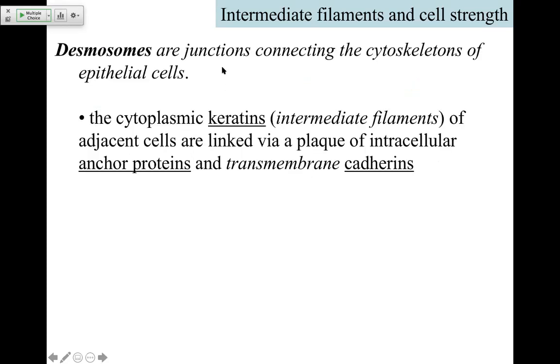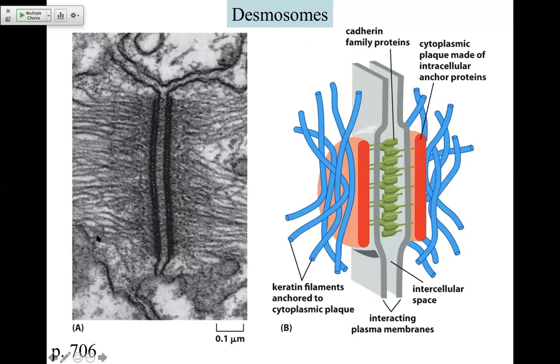So the desmosome is a junction, a collection of proteins that allow the cytoskeleton of one cell to be connected to the cytoskeleton of a neighboring cell so that all of those epithelial cells can interact with each other. So if we're talking about epithelial cells, we're talking about keratins. We can see an example of this desmosome on this slide. So here is an electron micrograph showing the junction between this cell on the left-hand side that is attached to the cell on the right-hand side.